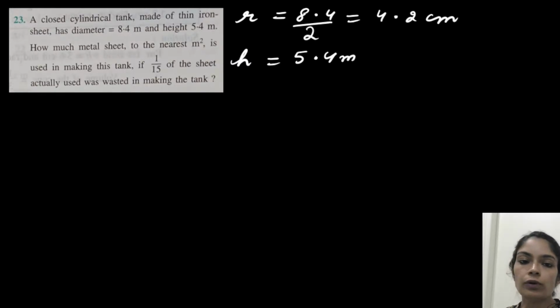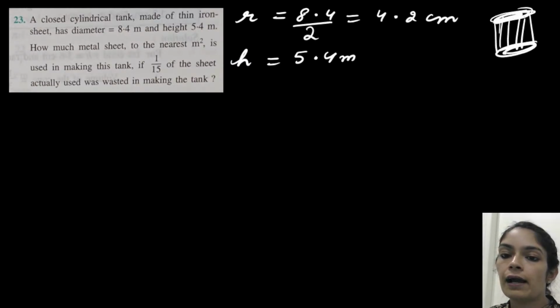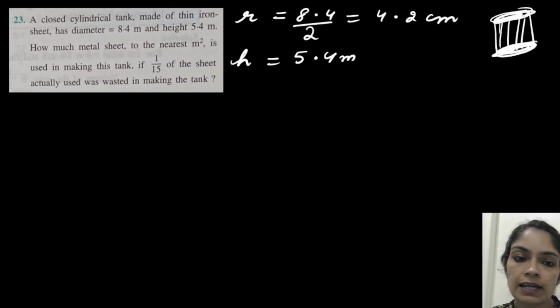No need of doing that, like assuming that X is going to be wasted. Directly you can remember, first of all find its total surface area, because it's a closed cylinder. Closed cylinder means if metal sheet is getting used, the base and top are also involved, both the circles. So we have to first of all find its total surface area.